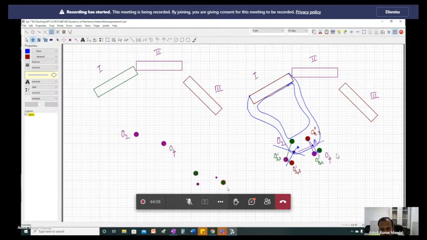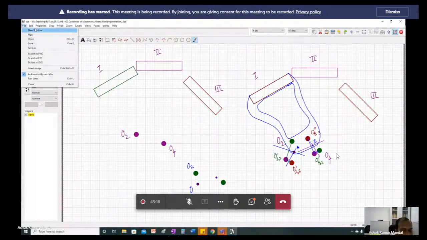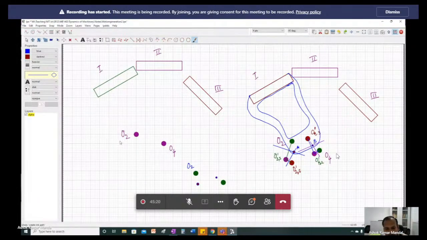I'm drawing it separately here. Now you can see this is the point for O2, this is A, B, and O4.